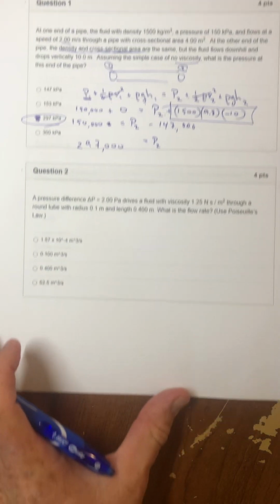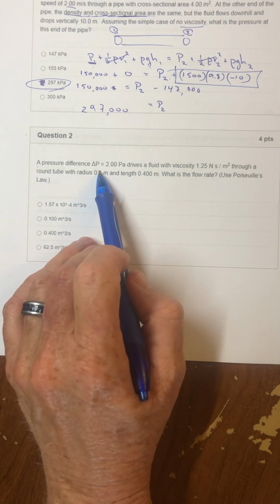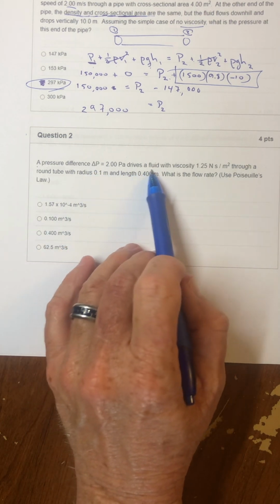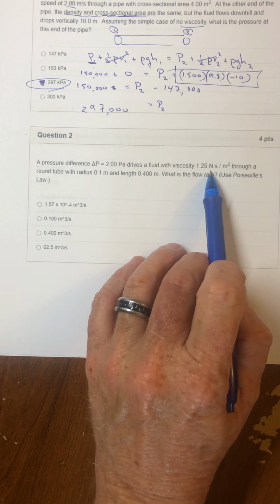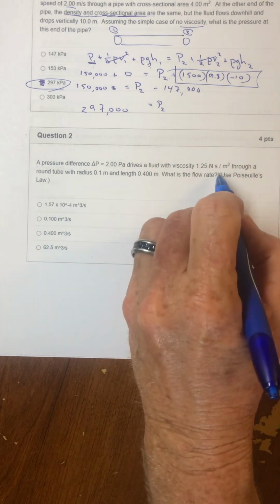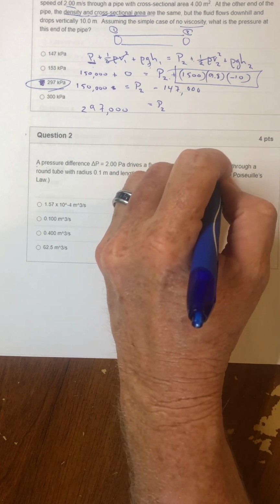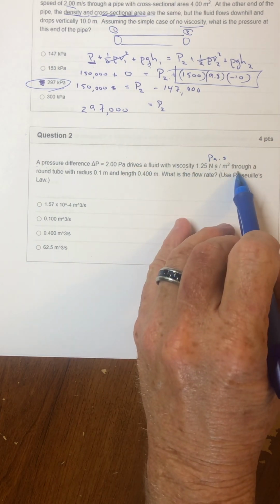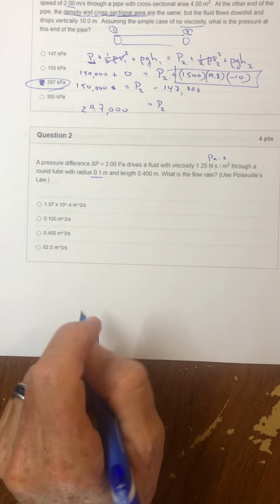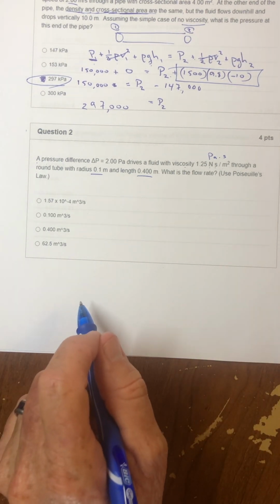Okay, so number 2 says this. It says a pressure difference, delta P, of 2 Pascal drives a fluid with a viscosity of 1.25 Newton second per meter squared, which is also a Pascal second, which is our units for viscosity, through a round tube, and that's going to be important here, of radius 0.1, length 0.4, and what is the flow rate.